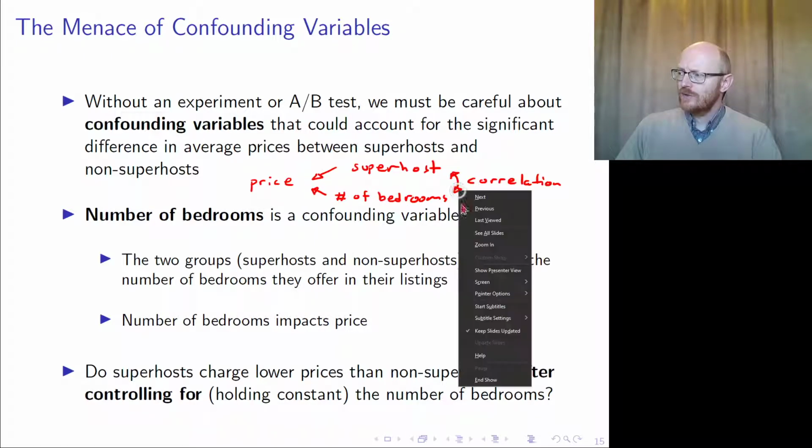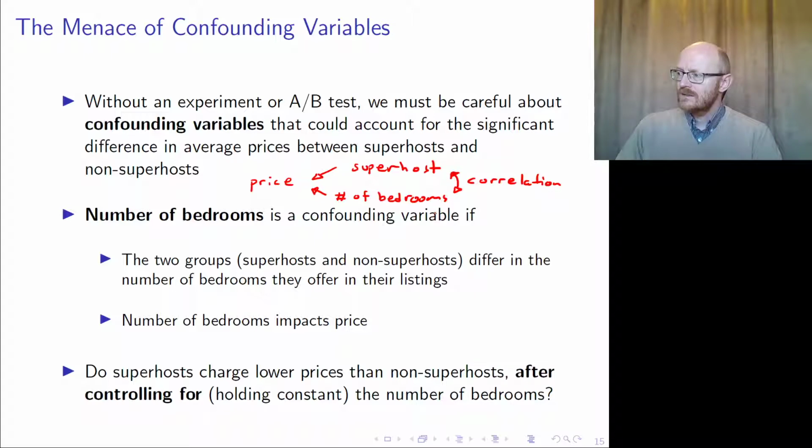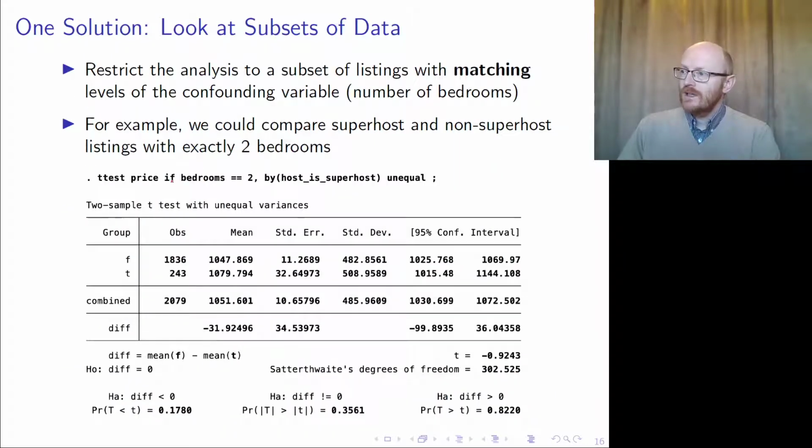One way to control for this is to hold the number of bedrooms constant. For example, we could slice the data and only look at matching levels of the confounding variable. So we could compare superhost and non-superhost listings with only 2 bedrooms.